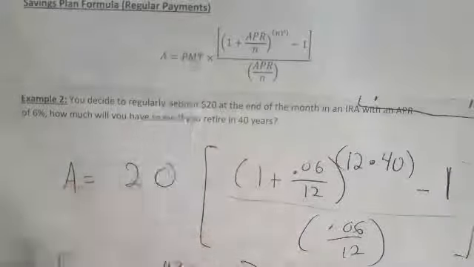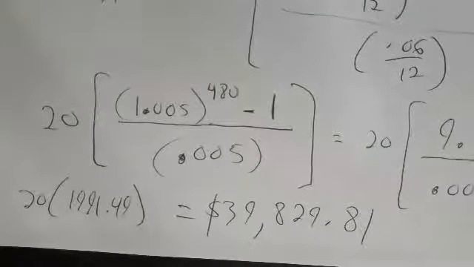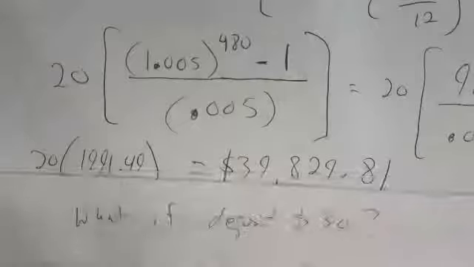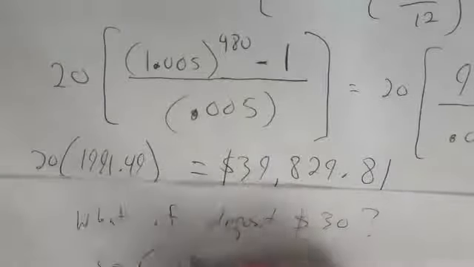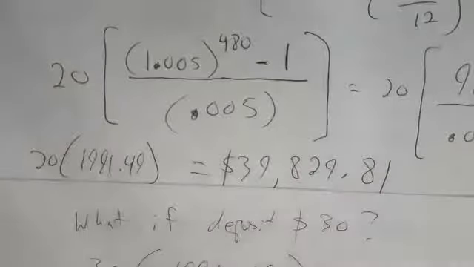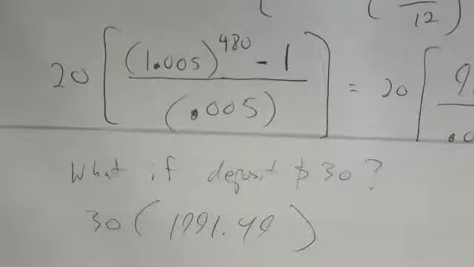If you get problems like this where they might change the payment you're making, or ask about a different amount, we've done all that hard work and we don't have to do it again. If you do this a little bit smarter, you might save yourself a little bit of time.